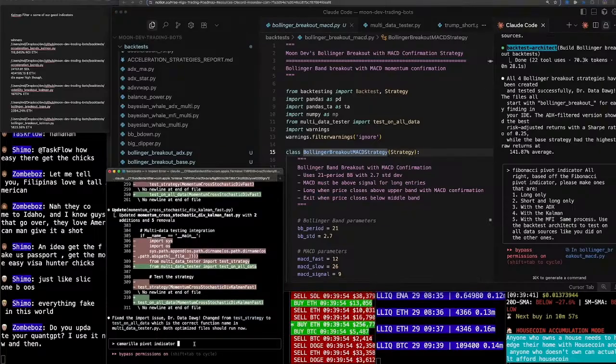All right, based on this Camarilla pivot indicator, please go ahead and make a backtest using the backtest architect. I want one to be regular, long and short, one to be long only, one to use the ADX, one to use the Kalman filter, one to use the MFI, all based off of the Camarilla pivot indicator. So it'll be multiple files.